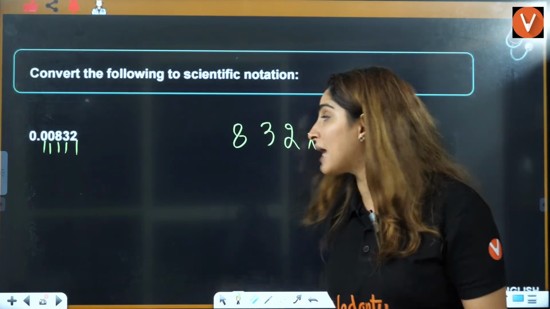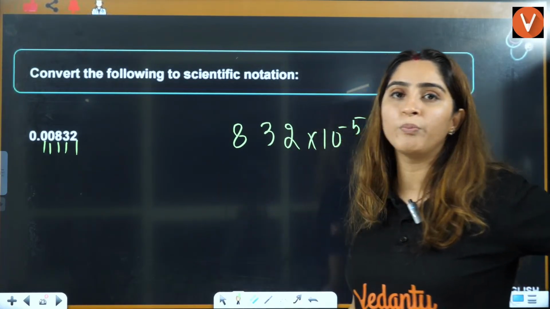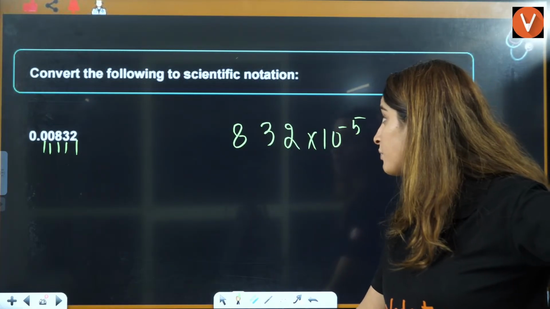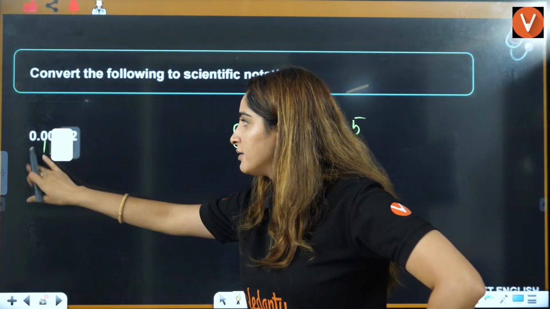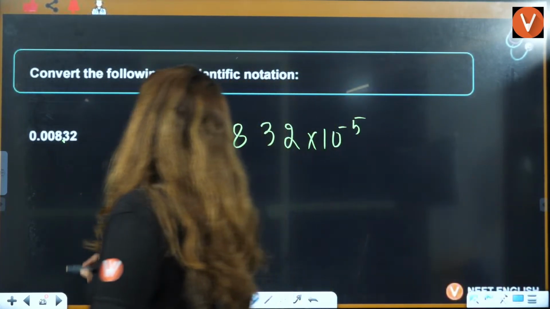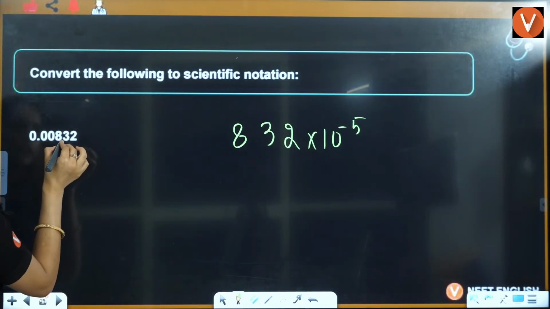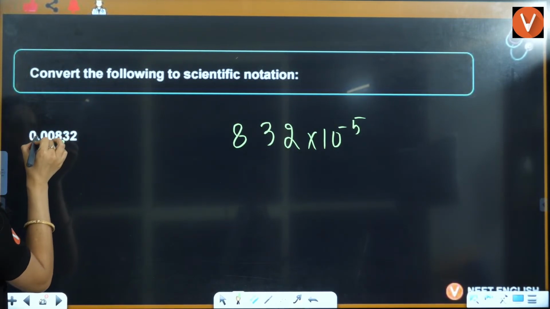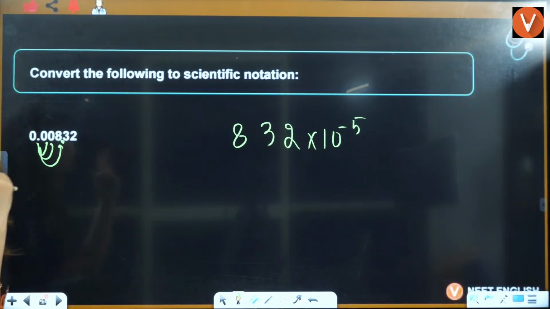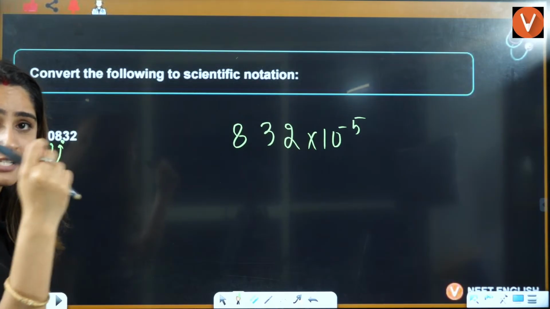But we know that this number should be from 1 to 9, right? So I want to convert it into 8 point something. If I want to convert it into 8 point, what I'll do? 0, 1, 2, 3. 3 decimal places I have shifted.